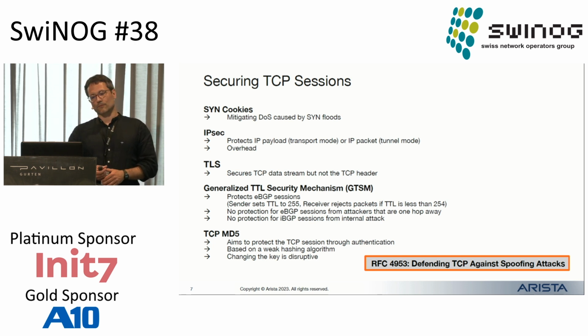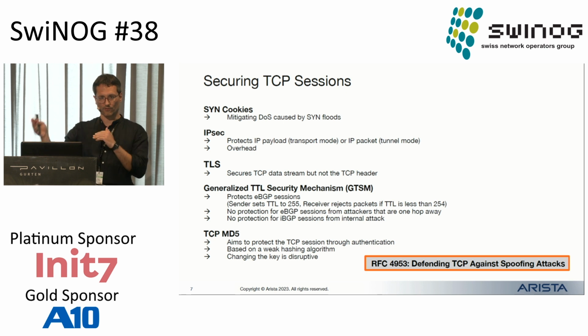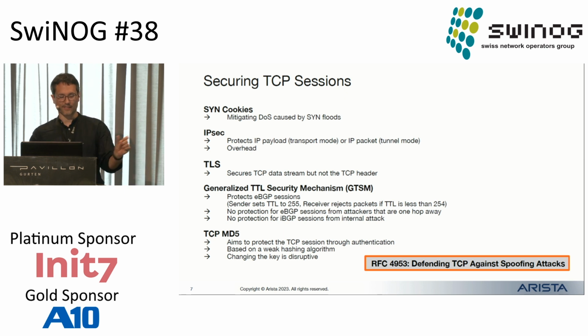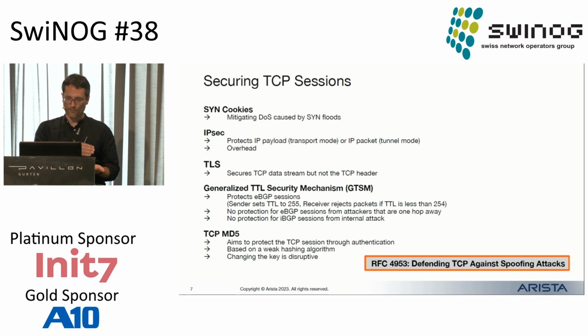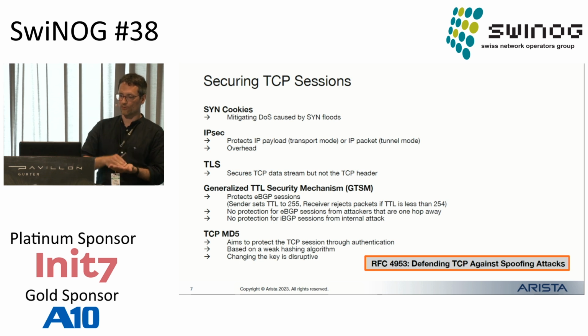TLS. Well, with TLS on its own, we do not protect the TCP session. We protect the payload, but not the TCP session on its own. Then we have GTSM, which is actually a really simple measure with a big effect. The sender sets the TTL in the IP header to 255, and the receiver rejects packets if the TTL is too low.